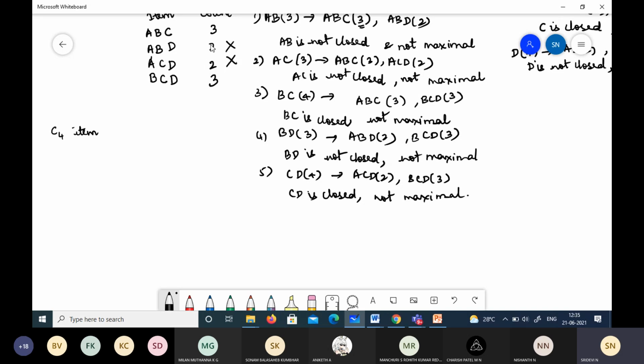Because the count is less than the support count. So what combination can we have? ABCD. So this is C4, by considering 4 items, we can have ABCD, and the count for this will be ABCD.